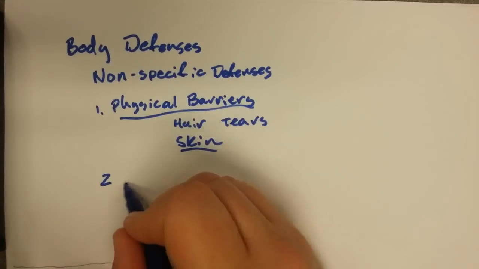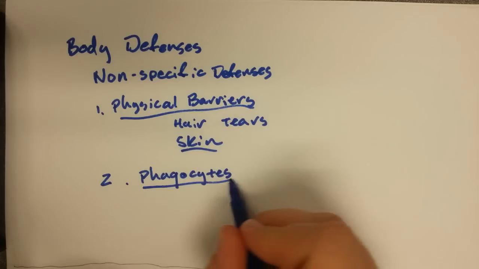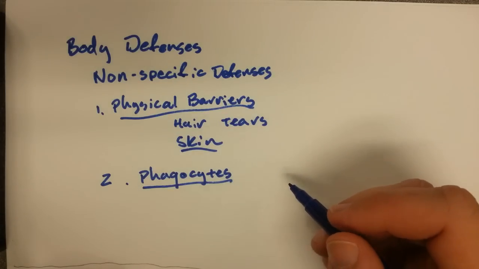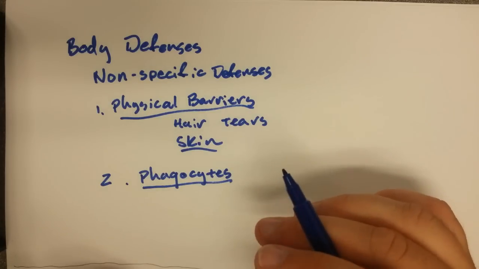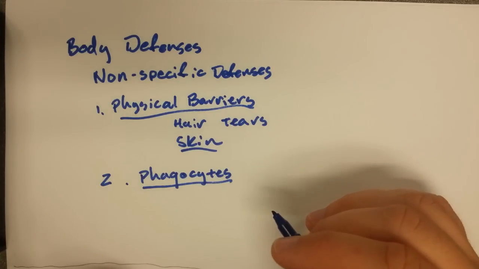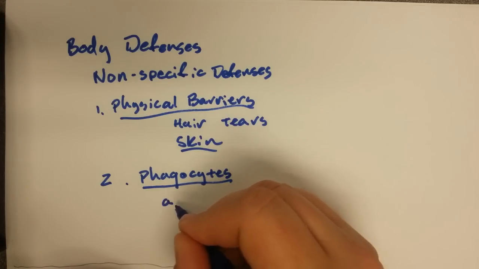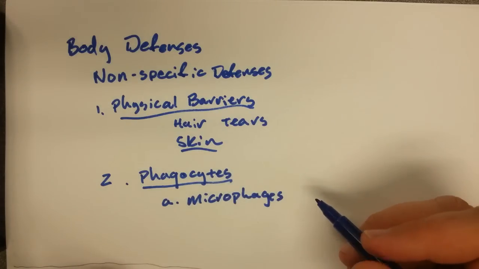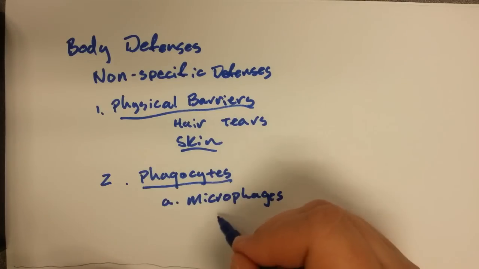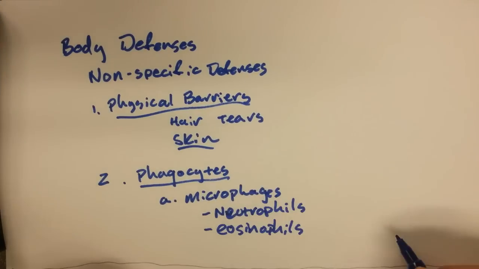The second one that I want to talk about is phagocytes. So phagocytes are important. They're a class of cell that roams around your body and kills or lyses other cells that may be causing problems. So there's two classes of these. The first class is microphages. So microphages include neutrophils and eosinophils, right?